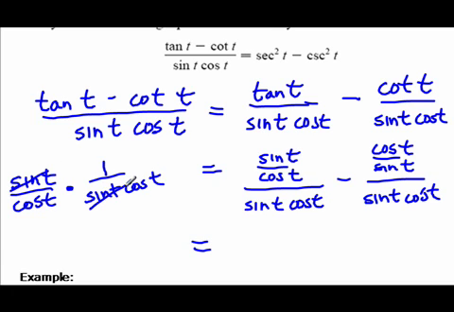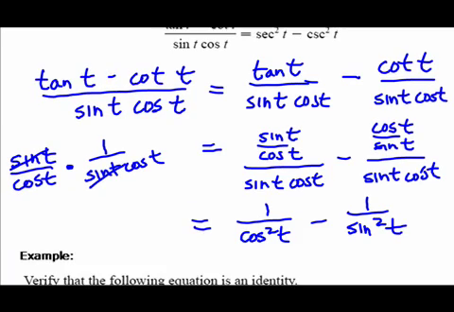These disappear, and we're left with 1 over what? 1 over cosine squared. Same thing's going to happen over here on the right-hand side, but in this case, our cosines cancel out, and we're left with 1 over sine squared t.